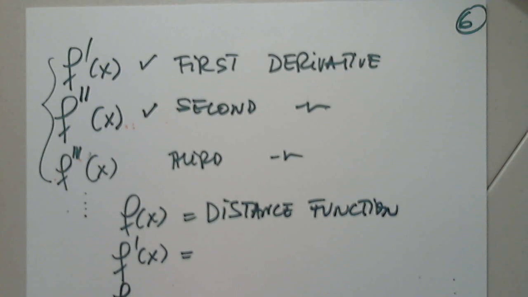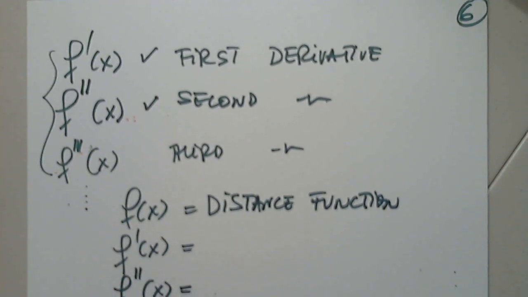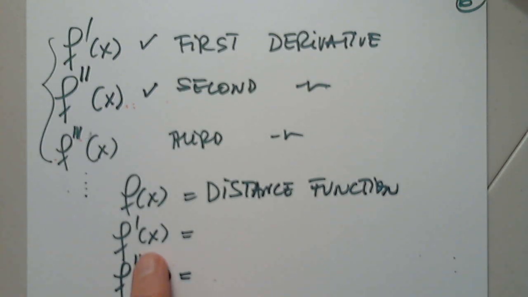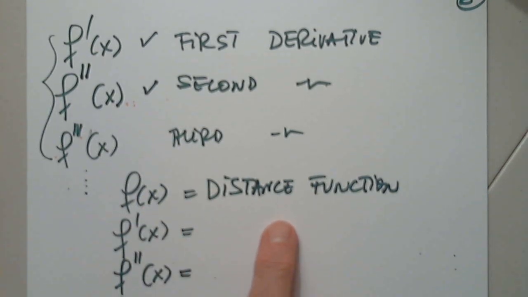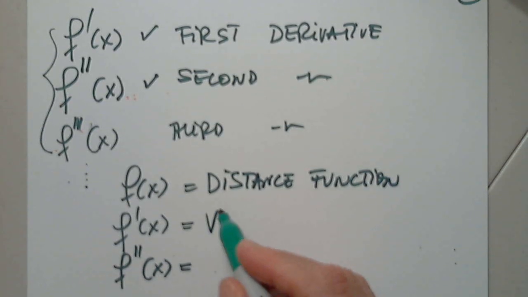And what will this represent? So this is the rate of change of distance with respect to time. How do we call that? What is the name? A rate of change of distance with respect to time, if this is the distance. How do we call this? It's the velocity. Thank you very much.